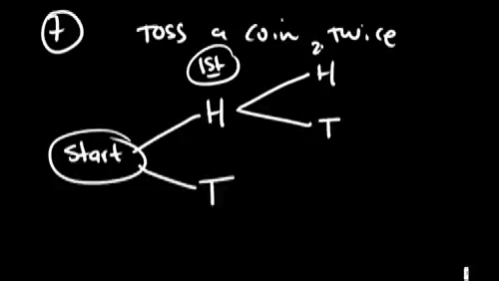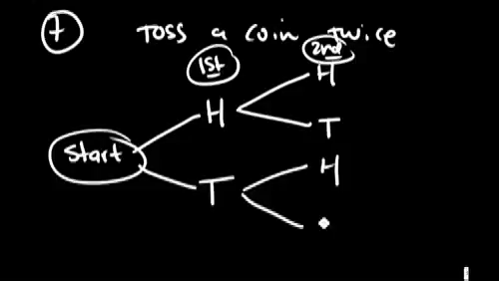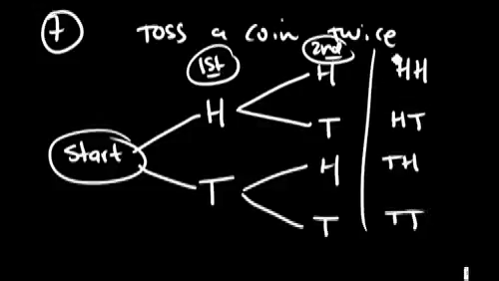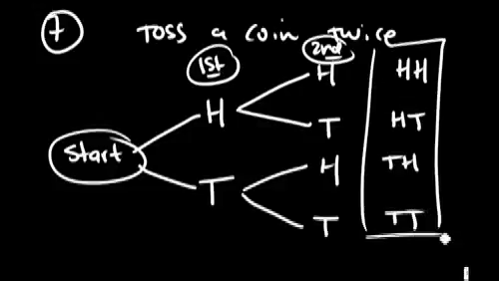If the first toss was a tails, on the second toss, again, it'll either be a heads or a tails. So if you follow the branches on this tree, you'll see HH, HT, TH, and TT. This is the list of all possible outcomes associated with tossing a coin twice.